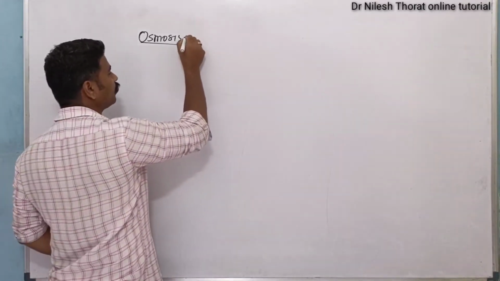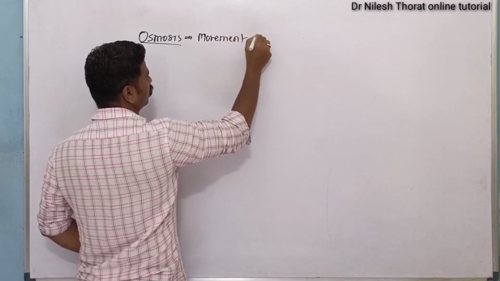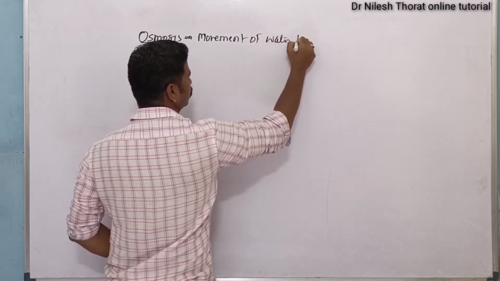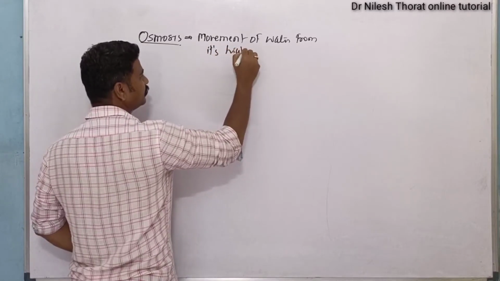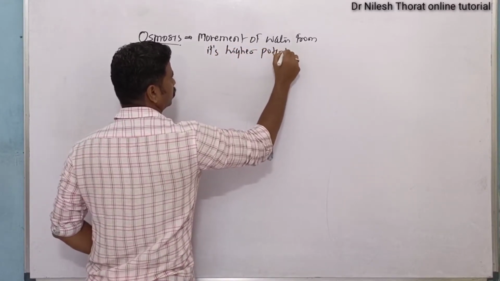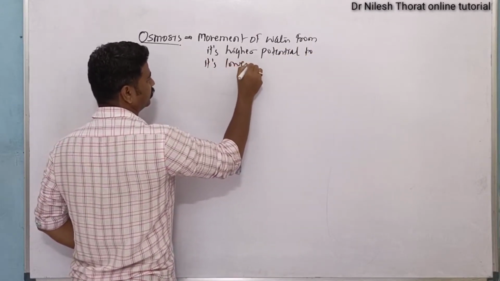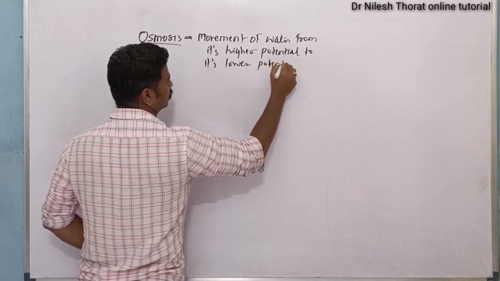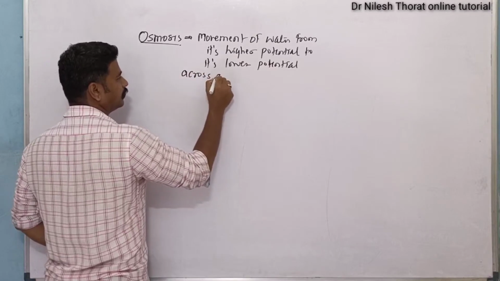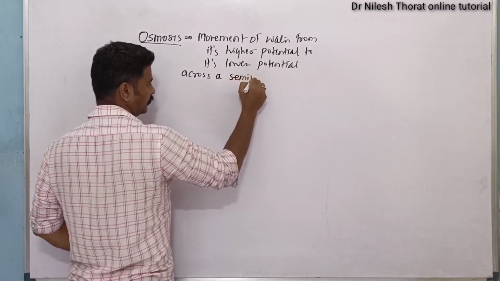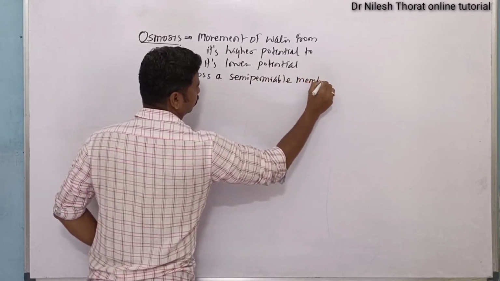So osmosis is always a movement of water from its higher potential to its lower potential across a semi-permeable membrane.